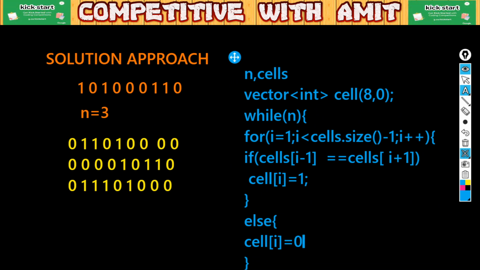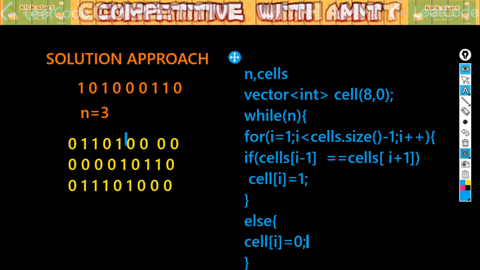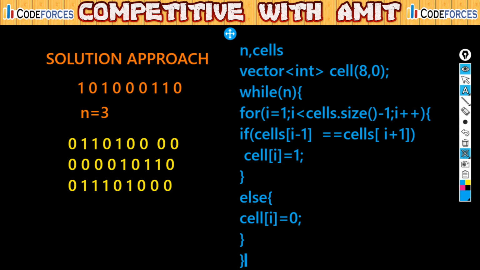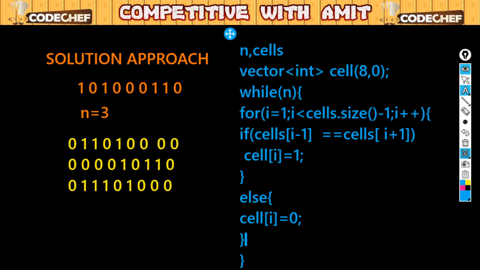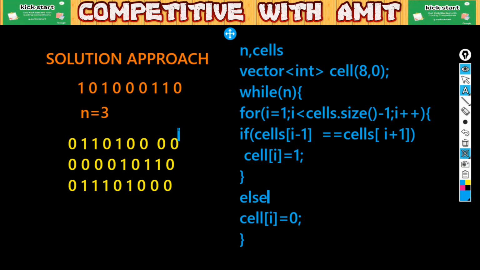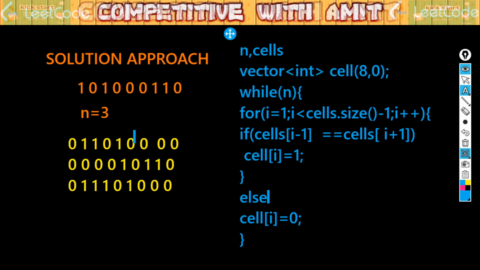So till now we have done our first iteration. At the end of this first loop, we will not consider the second loop, we will take this first loop as an example only. After the execution of the first loop, we will get a cell array in which we get the next day's condition, meaning we get n equals to 1.